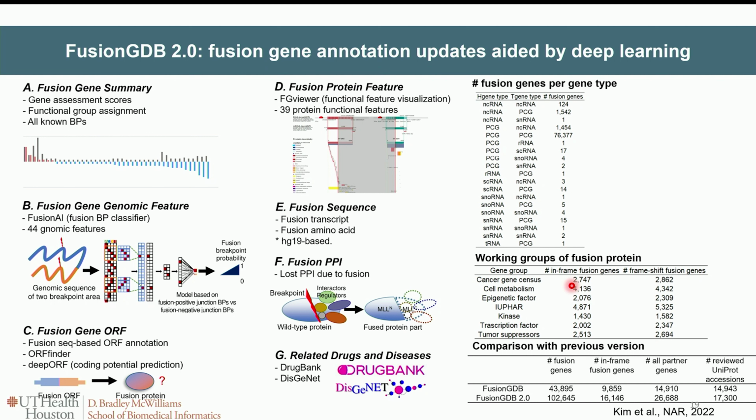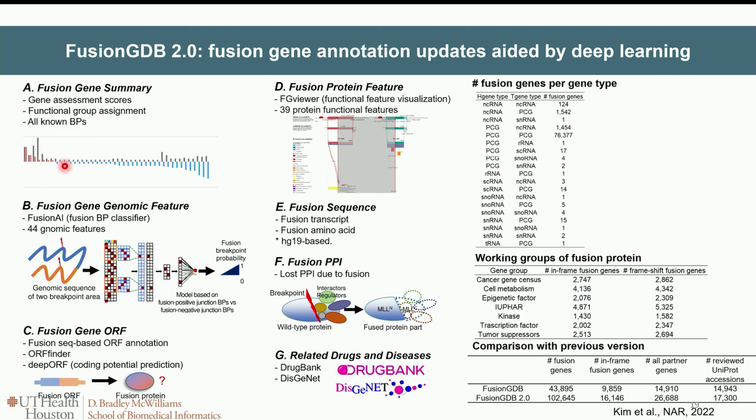So this slide shows the overview of the fusion gene database second version. Per fusion gene, we provide all this annotation. First, we provide our unique gene assessment score, and then some potentially functional groups.